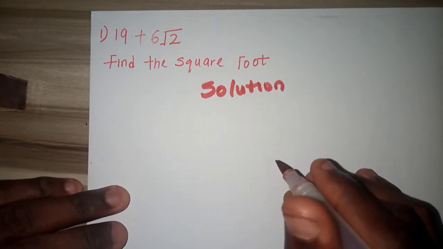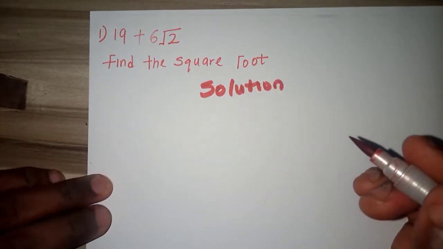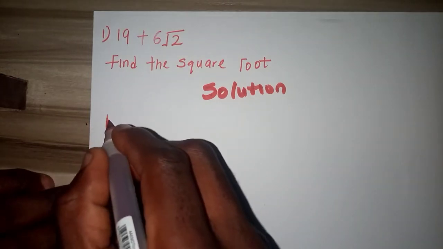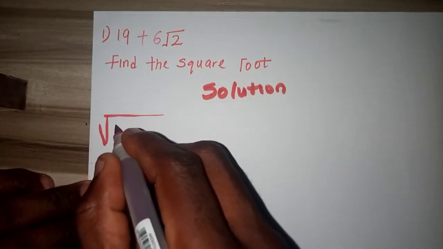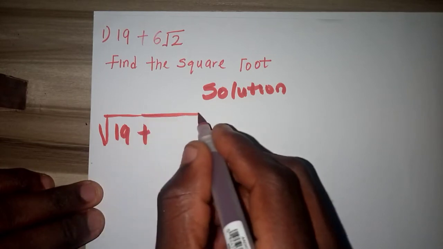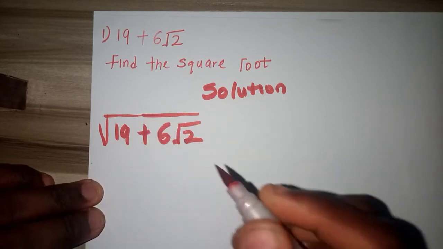Now, before you can do something like this, you can rewrite your question in the form of the square root of 19 plus 6 root 2.